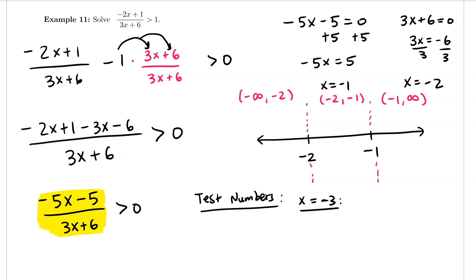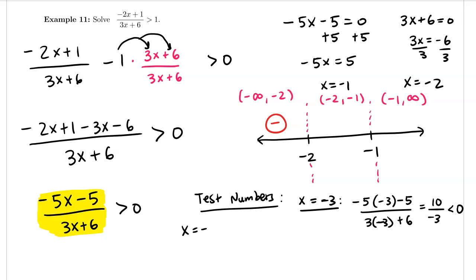So if I plugged in -3, I would have -5 times -3 minus 5 over 3 times -3 plus 6. And -5 times -3 is 15. 15 minus 5 is 10. And then we'll have -9 plus 6 is -3. So that's going to end up being negative. So my first interval, I'm going to put a negative sign there.